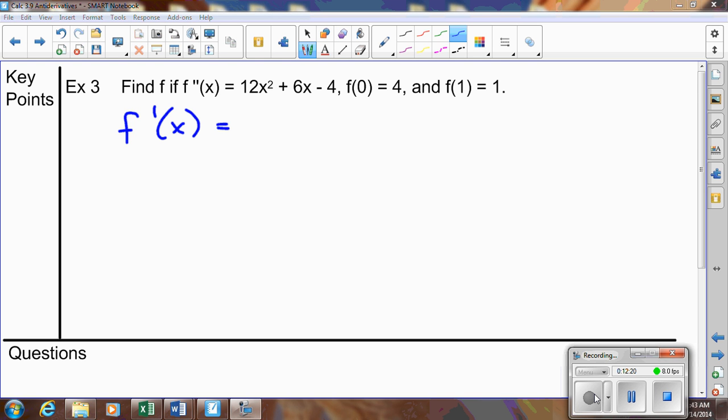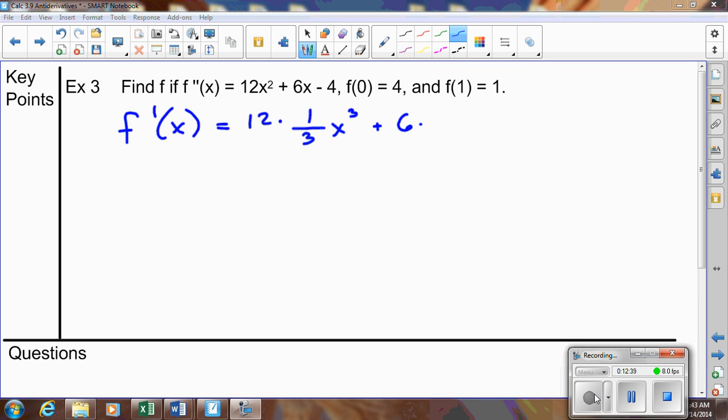What's the antiderivative of 12x squared? Well, we're back to using that formula. 1 over 3 x to the third. So of course we can see a third of 12 is going to wind up being 4.